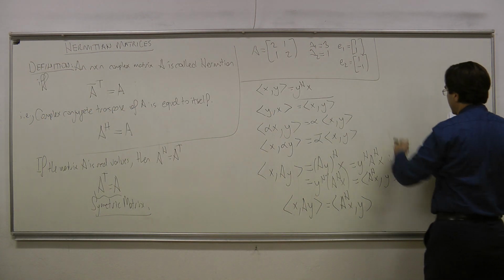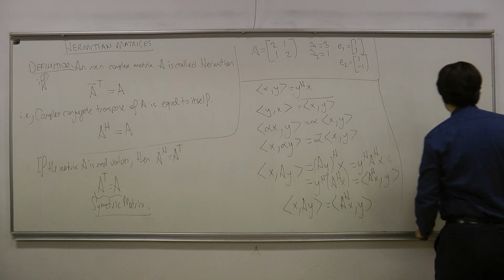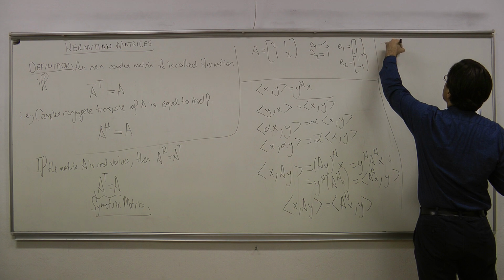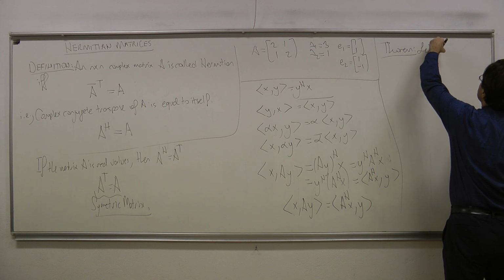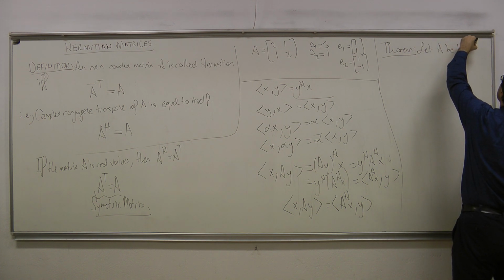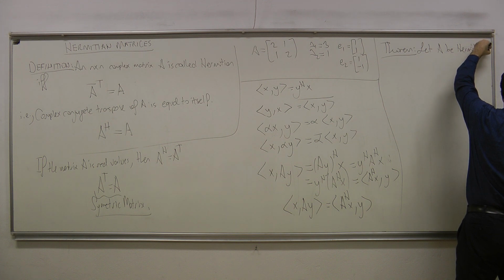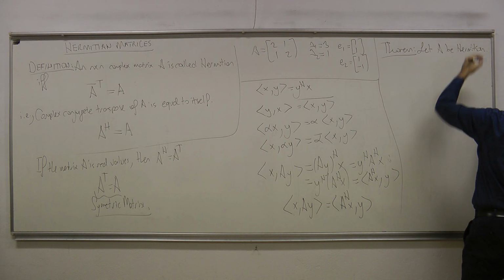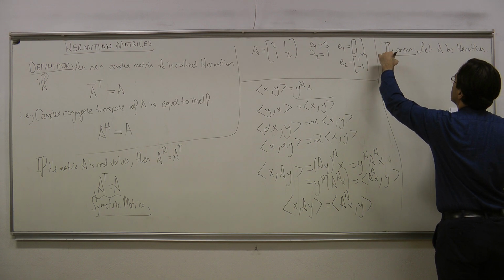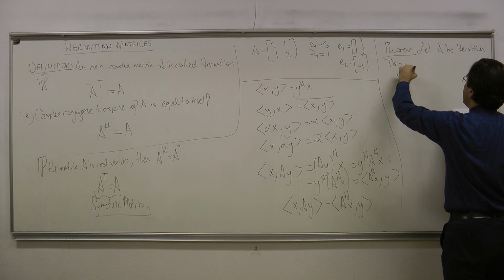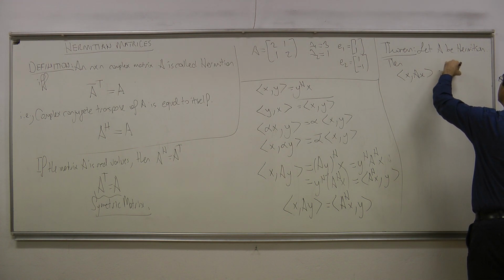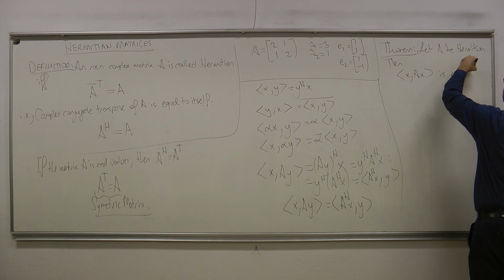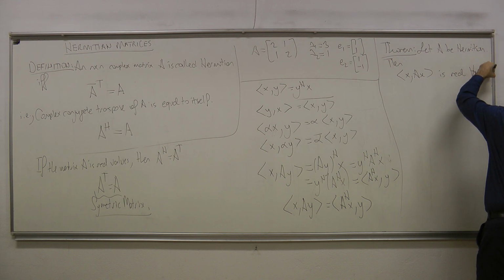So now I will start with the properties of the Hermitian matrices. We will start with the theorem. Let A be Hermitian. In this case, the inner product X, AX is real for all X in Cn.